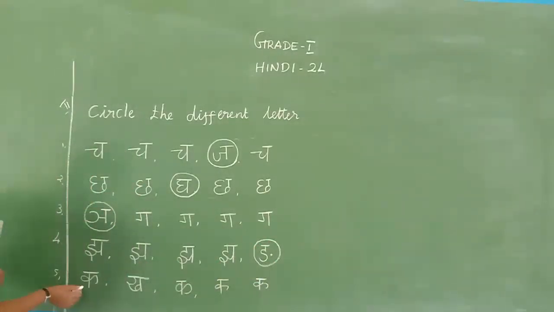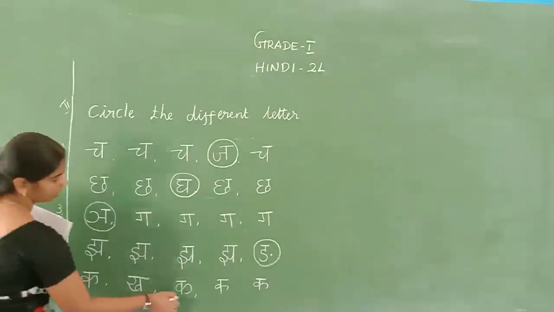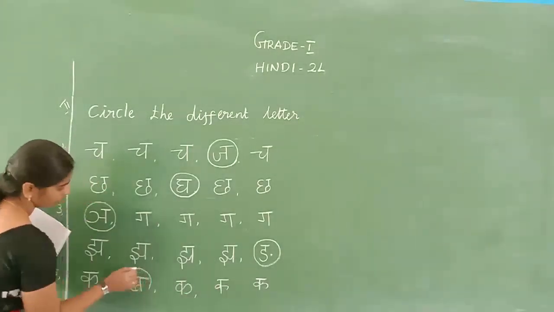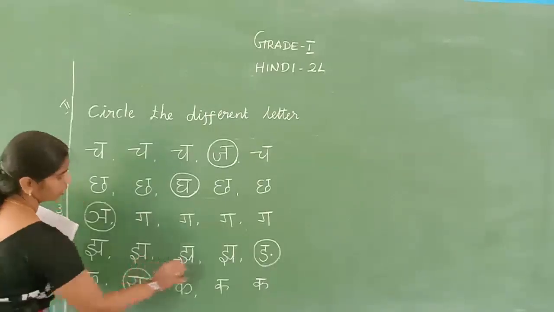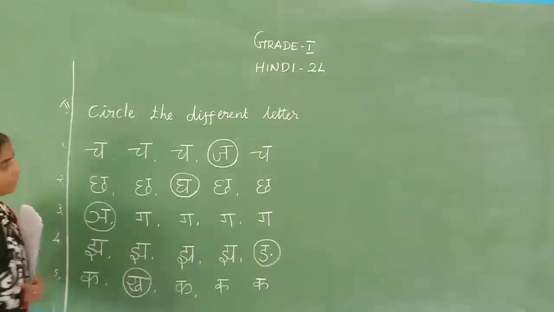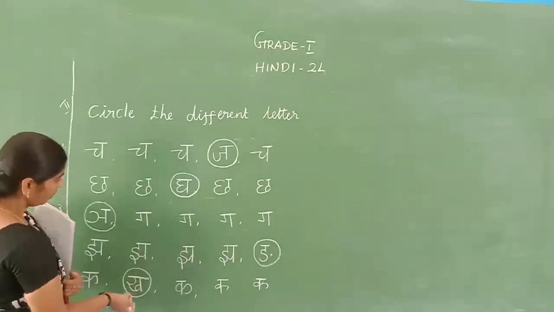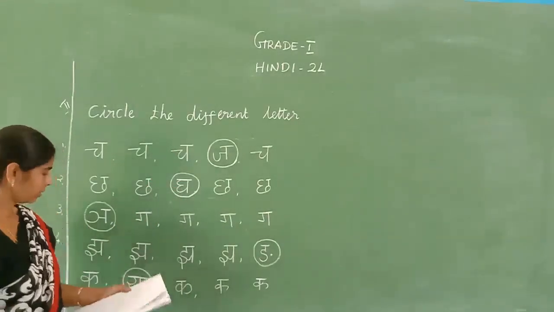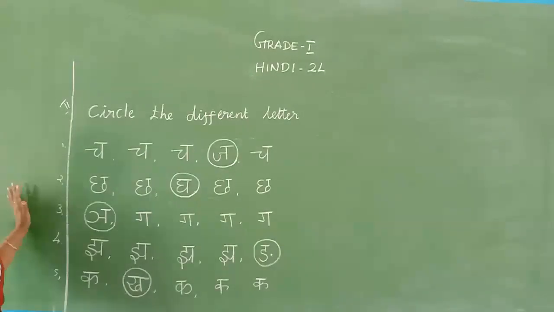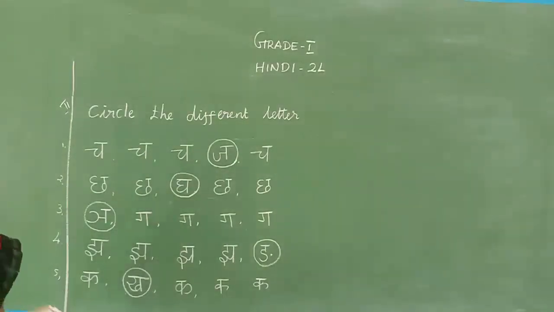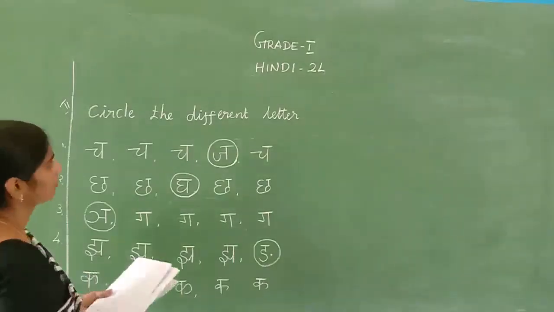The first, ka, ka, ka, ka. This is very simple. Only this one and this one are difficult, so these two are very simple. Okay, children, copy into your notebook.